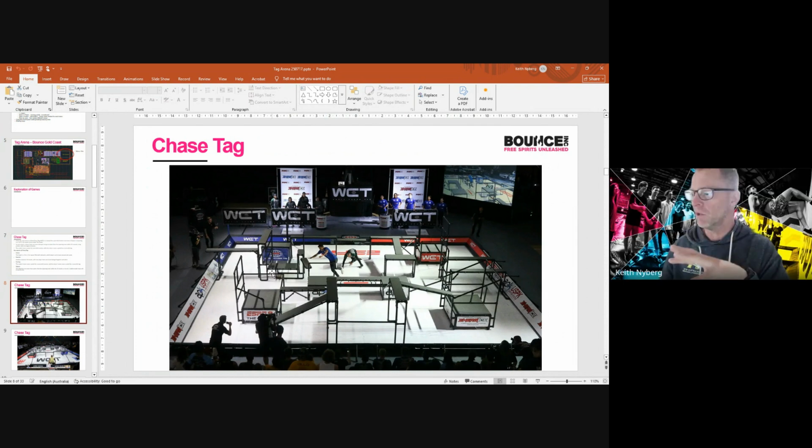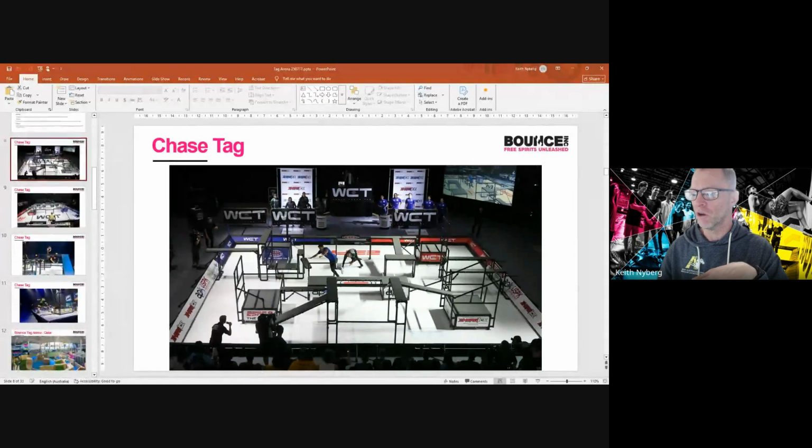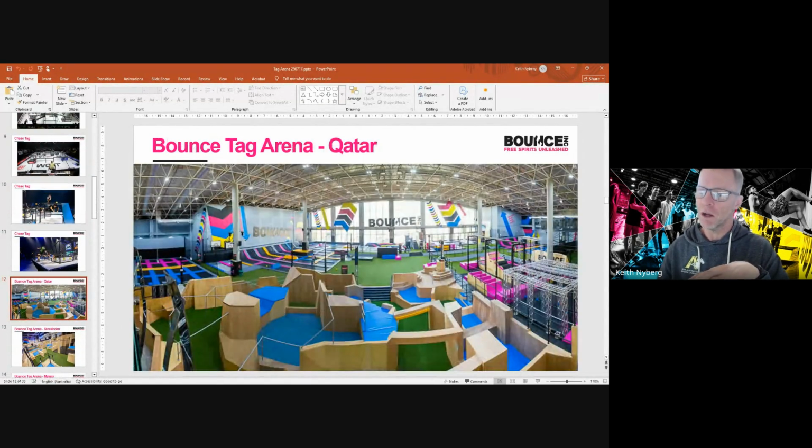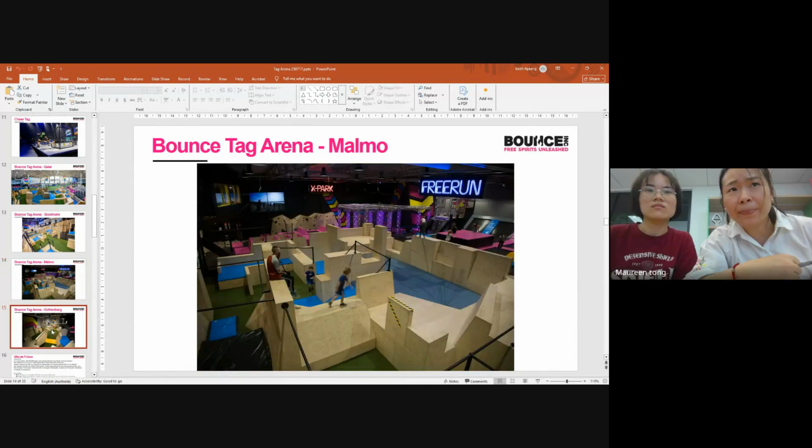The problem is if we did something like this, all of these are really hard surfaces. There's no padding, and so then we get lots of injuries. We've done stuff like this before in Bounce. This is like a parkour area, where it's got a lot of plywood. The only padding is in blue there, so not that much padding.